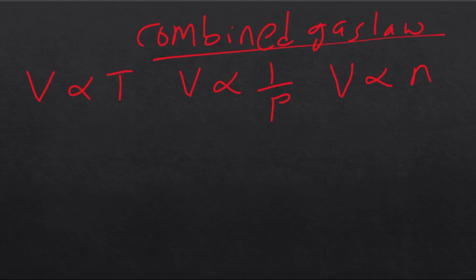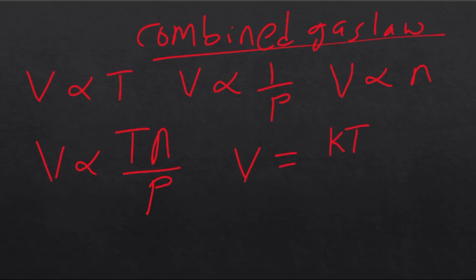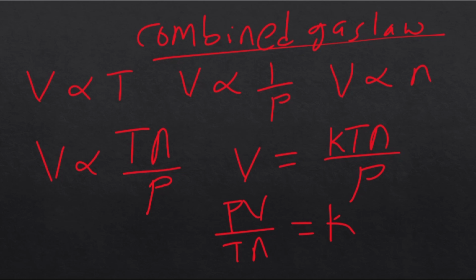If we combine all three dependencies, volume depends on nT over P. If we introduce a constant of proportionality, V equals the constant times the amount times temperature divided by pressure. A simple rearrangement makes PV over nT a constant.